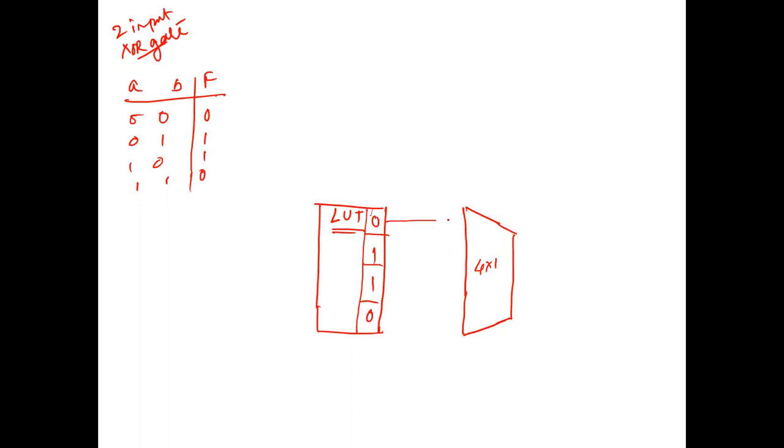This will be connected to the 4 cross 1 mux. This is your I0, I1, I2, and I3. This is your F, meaning your output. And there are 2 select lines.